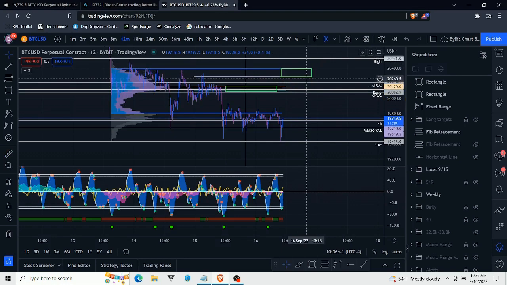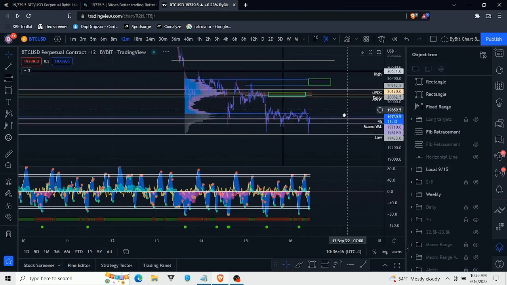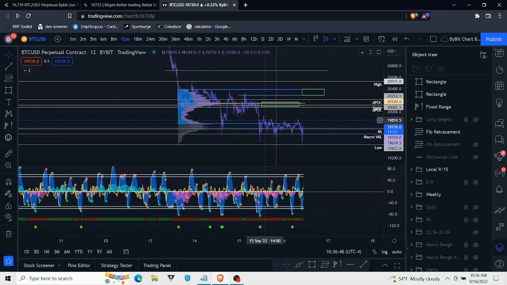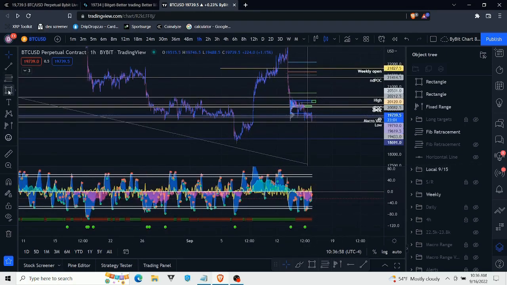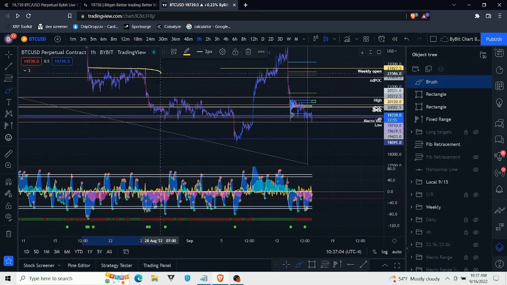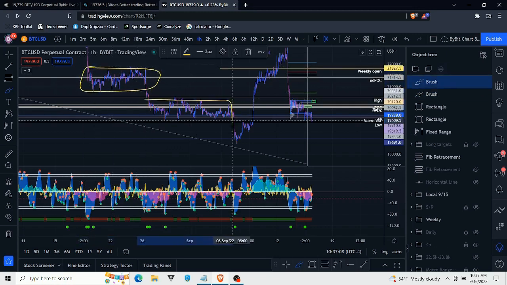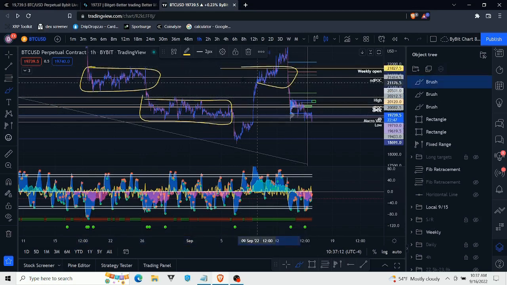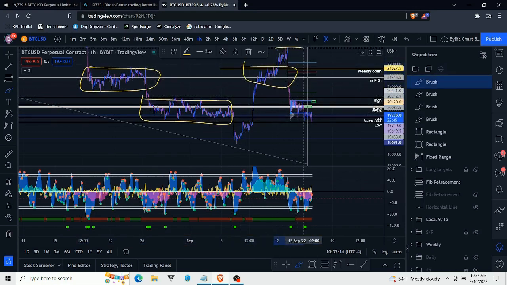So you can get some really juicy trades inside of these little ranges here. And most of Bitcoin's price action is going to be trading sideways. If you just look at Bitcoin's price action over time, you'll notice that it spends more time trading sideways than it does going straight up or straight down. And so if you learn to trade these sideways ranges, it can be very beneficial to your trading.